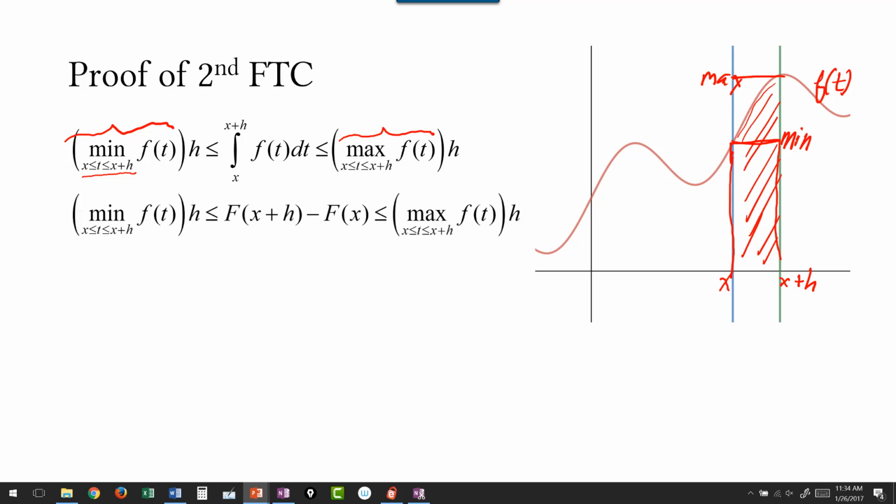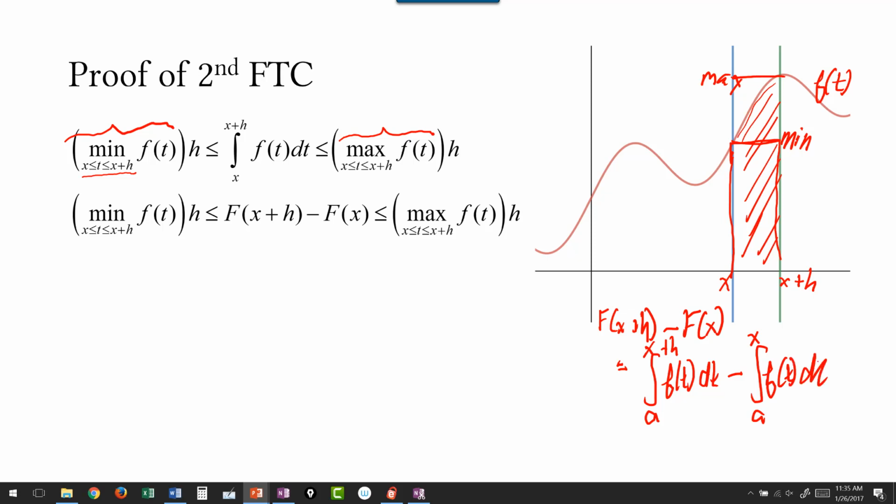Next is the observation that the integral from x to x plus h is the same as capital F of x plus h minus capital F of x, because capital F of x plus h would be the integral from some point a to x plus h of little f. And we're subtracting off the integral from a to x of little f.